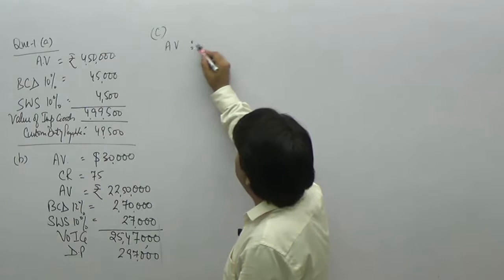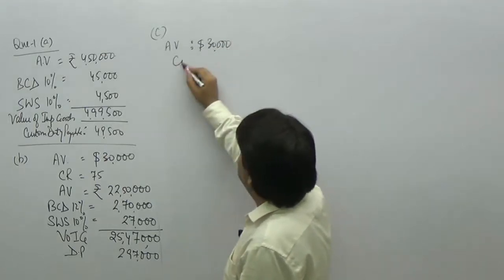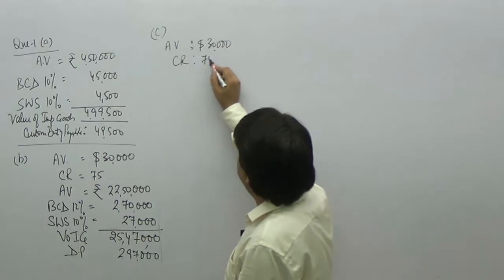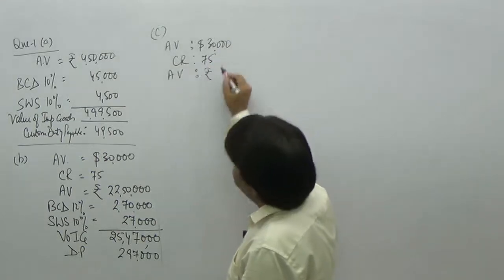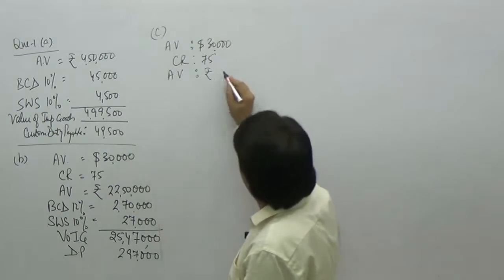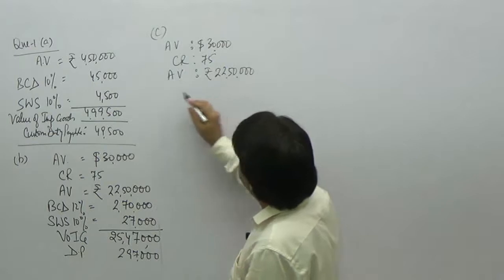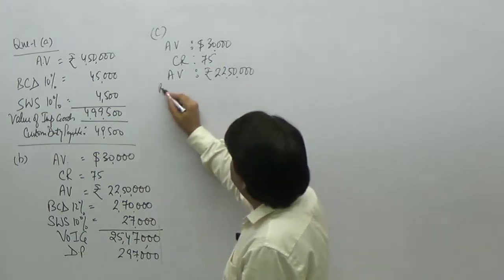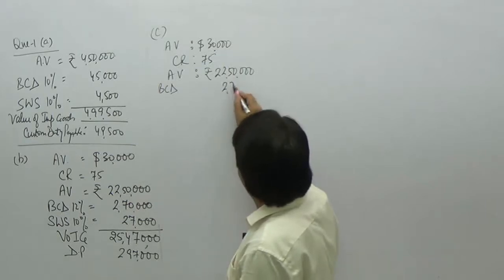Assessable value, dollar terms 30,000, conversion rate 75. So assessable value in rupee terms, we have already worked it out. This is 22.5 lakhs. Okay. Now BCD, same rate is given 12%, which is 270.